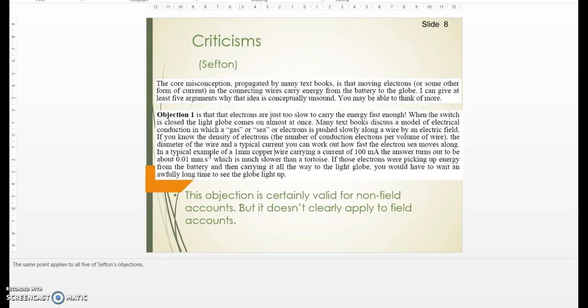The field transmits potential energy to the electrons all along the wire at the speed of light. So electrons in the bulb itself, when you turn the circuit on, will gain kinetic energy almost immediately.